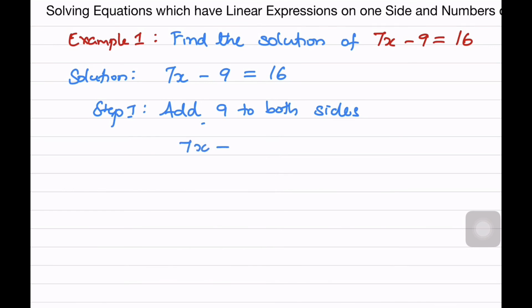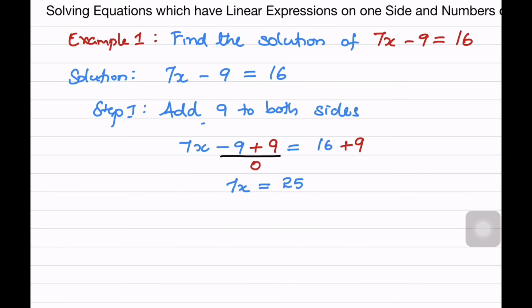7x minus 9 equal to 16. We have to add 9 to both sides of the equation. So the minus 9 plus 9 becomes 0. So 7x equal to 16 plus 9, 25.